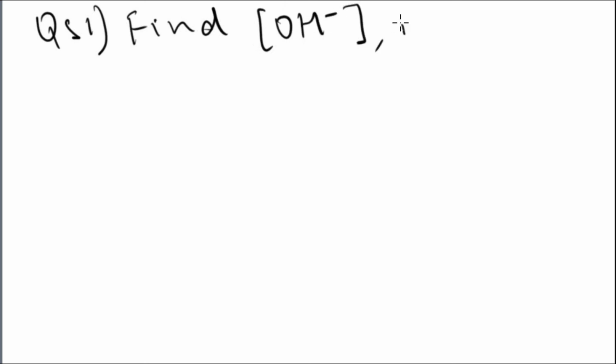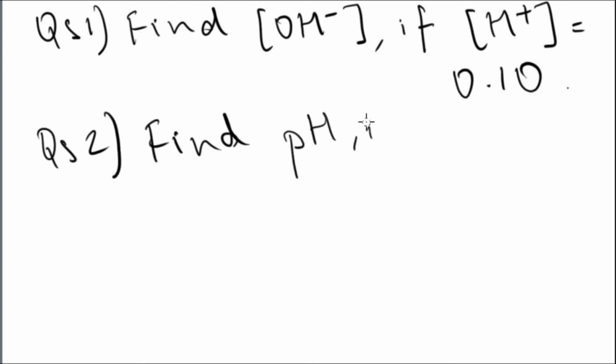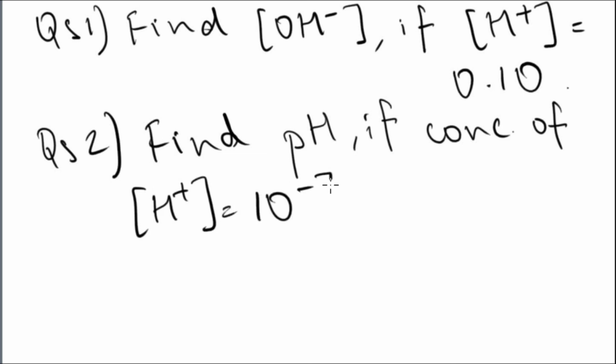Okay, so the homework for today, the first question will be find the concentration of OH minus if the concentration of hydrogen is 10 to the power minus 1 or 0.1. Question 2 is find pH if the concentration of hydrogen is 10 to the power minus 7.